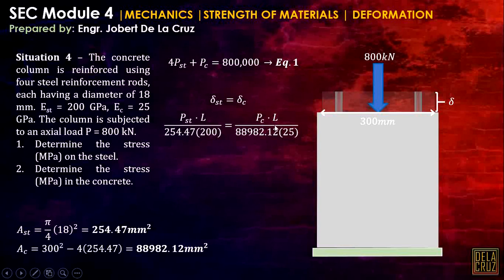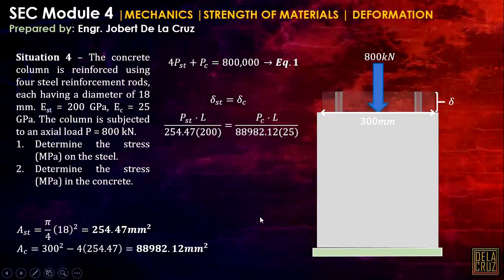Why? Because the same applies on both sides. We don't need to multiply this by 1,000 because it will cancel on both sides. The initial length of the concrete and the initial length of the steel are equal, so we can cancel this out.